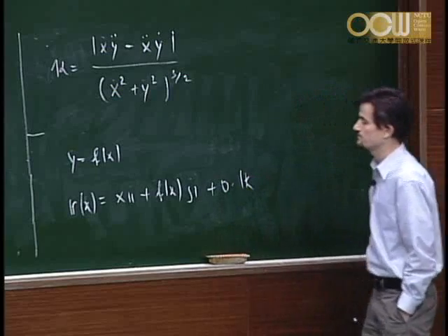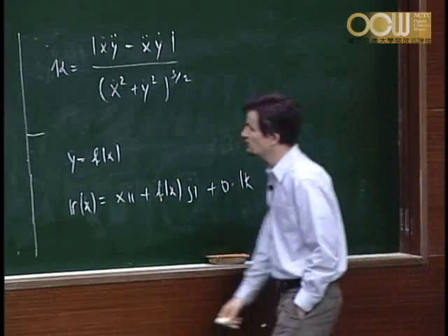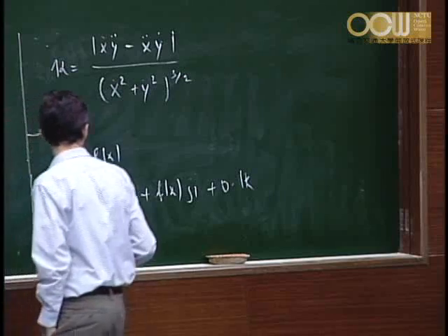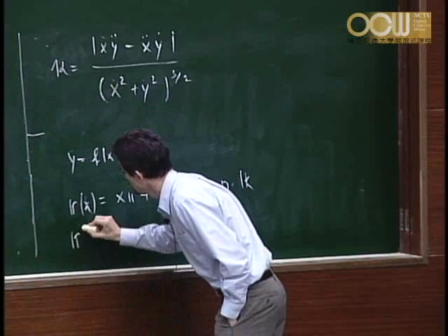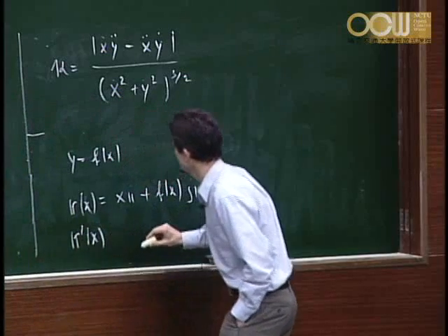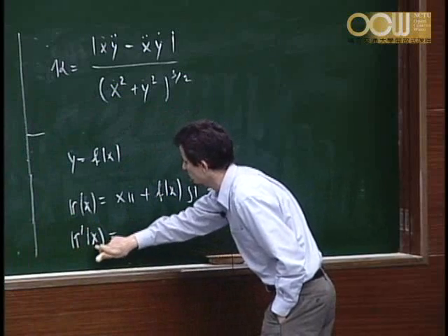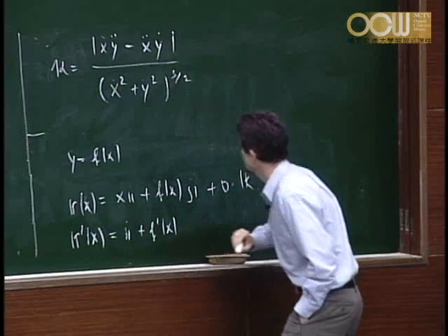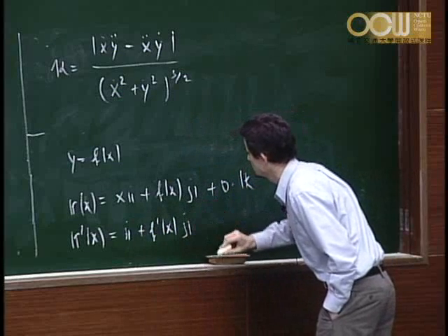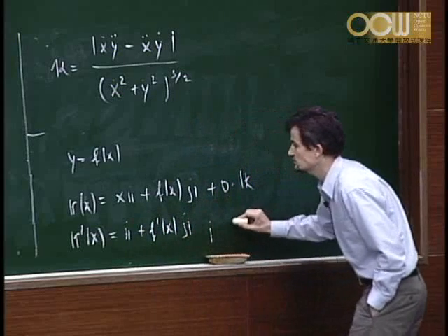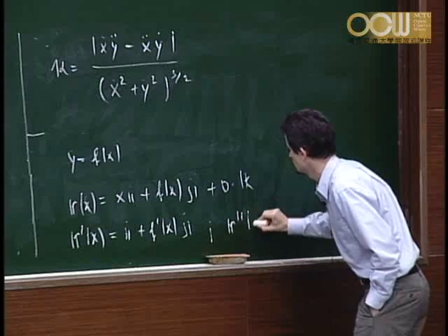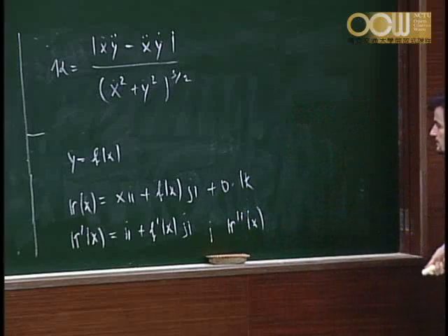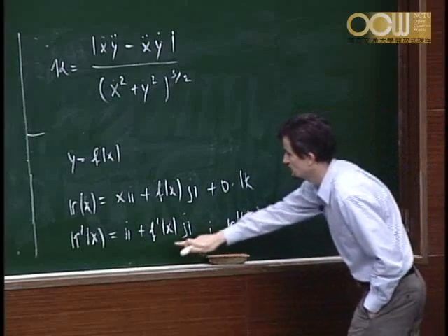Okay, and if you look at this formula, what do we get? For the first derivative, as a vector function, with respect to x, of course, we have i, then here we have the usual first derivative, j, and this is 0. And for the second derivative, only this is left.